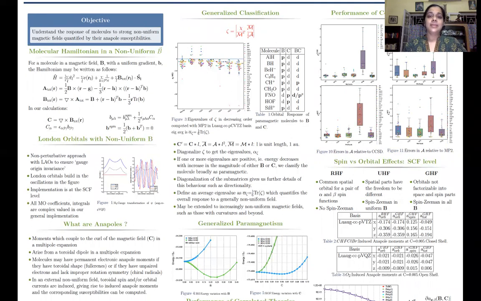However, the behavior of the two molecules in a magnetic field is very, very similar. A positive value means paramagnetic. So BH is called paramagnetic, C4H4 is called diamagnetic.